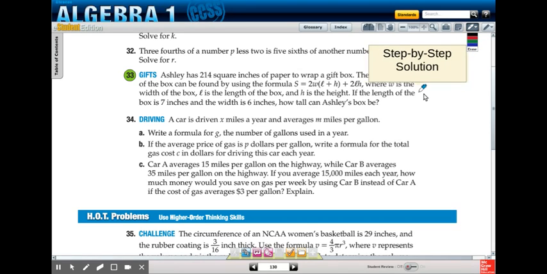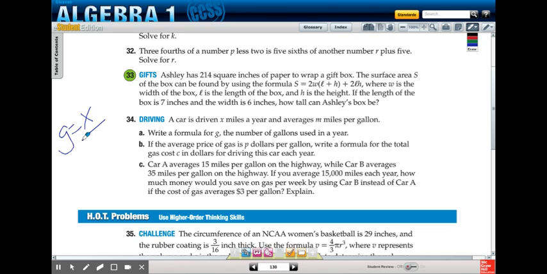Okay, so just to help you out, gallons used in a year would be the number of miles you drive divided by the miles per gallon. So, for example, if you drove 100 miles in a year, 100 miles in an entire year, imagine that, 100 miles in a year.